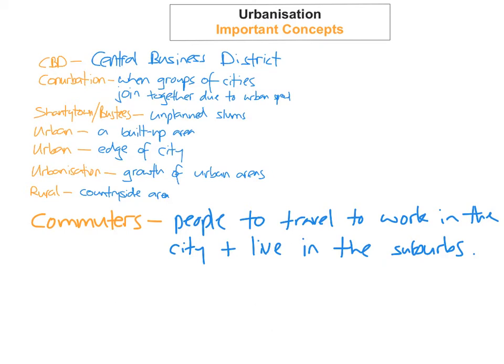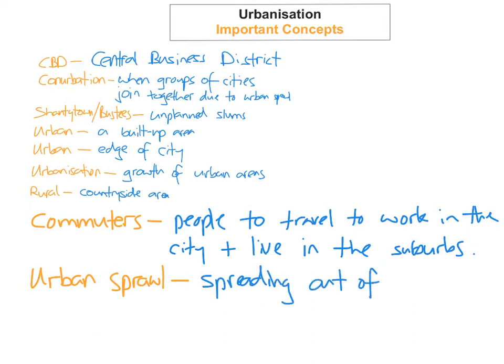An important concept that you need to know is the term urban sprawl. Urban sprawl is just the spreading out of the city and sprawling onto the countryside, into the countryside.